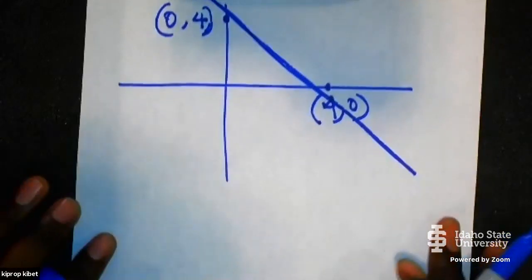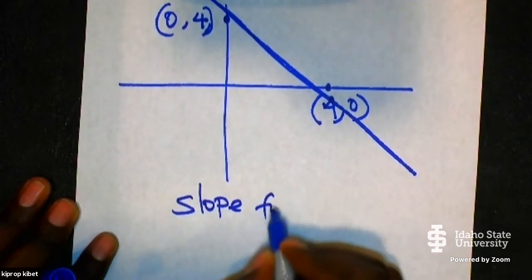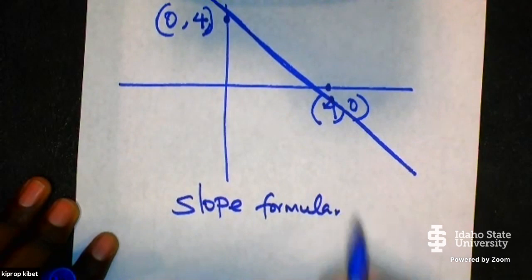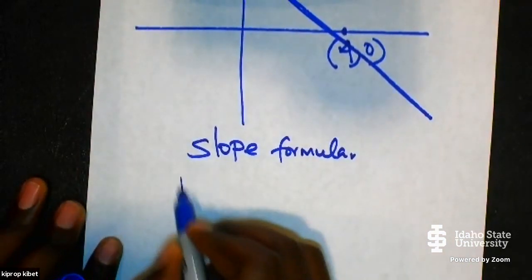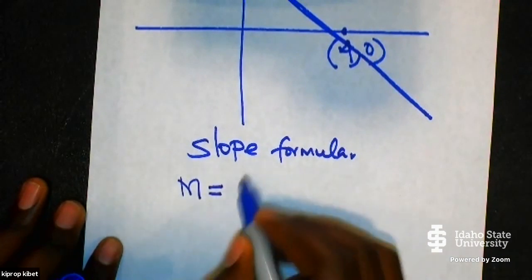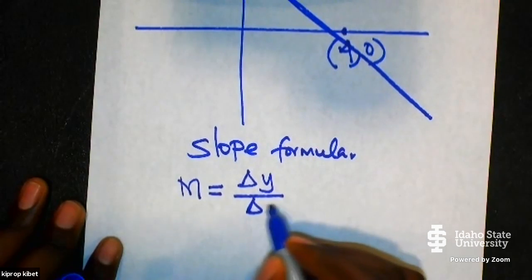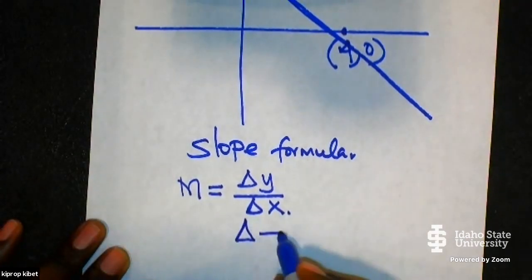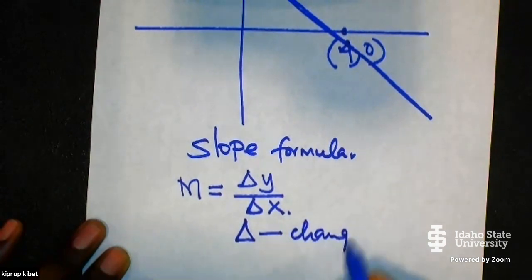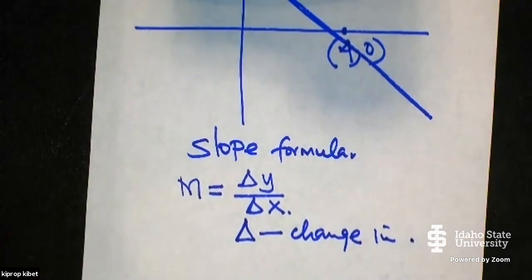So we have the slope formula, where we always put m equals the change in y all over change in x. So the change in y all over the change in x.